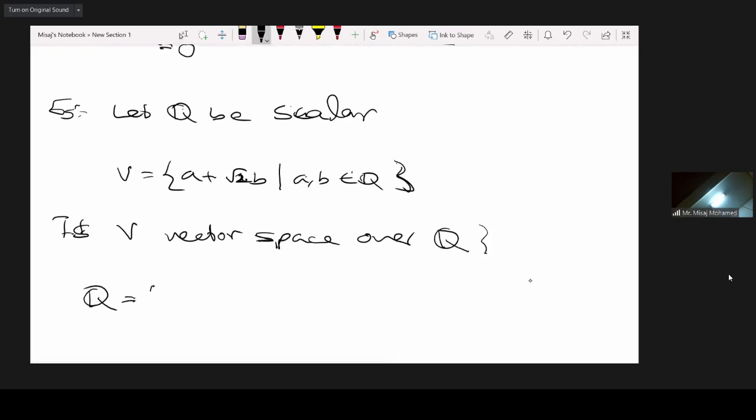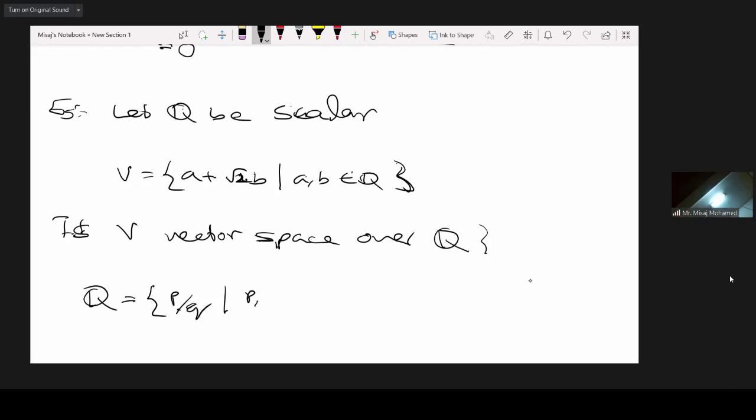What is the definition of a rational number? Definition of a rational number, please tell me.